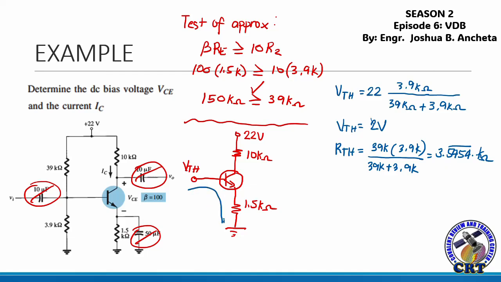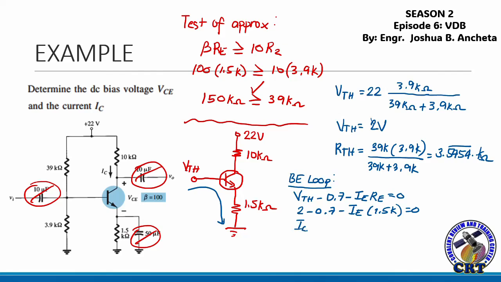For the BE loop, let us now write the equation. From the BE loop, VTH minus VBE 0.7 minus IE RE equals 0. VTH is 2 volts minus 0.7 minus IE, we are solving IE here, times RE 1.5 kilo ohms.